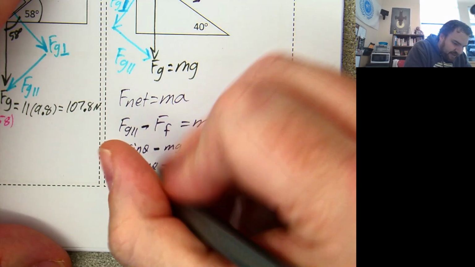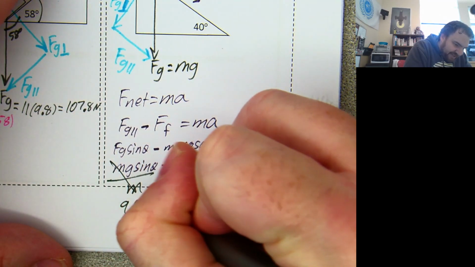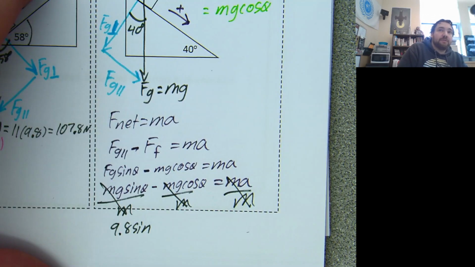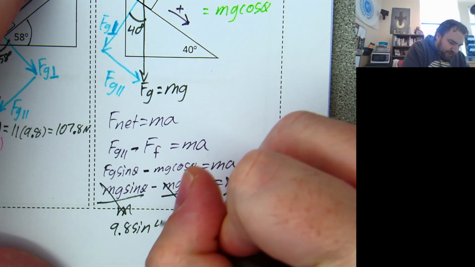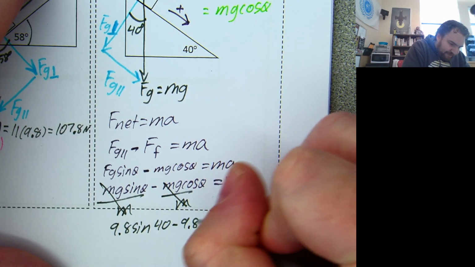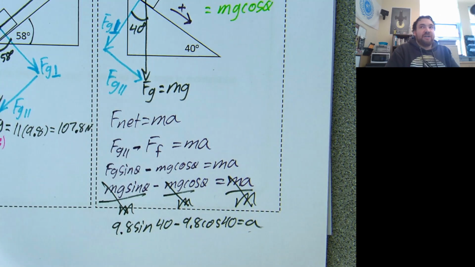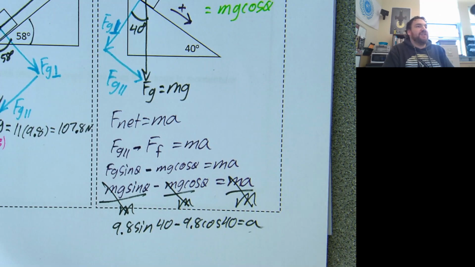Now let's fill everything in. G is 9.8. So we're going to get 9.8 times the sine of this angle here, which is 40 degrees. 9.8 sine 40 minus 9.8 cos 40 equals A. The masses are gone. So what's the acceleration for every object with the same coefficient of friction on that incline?